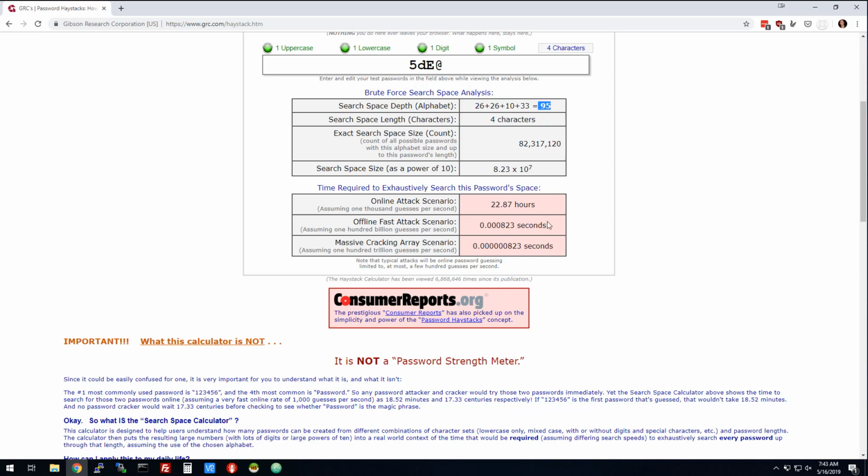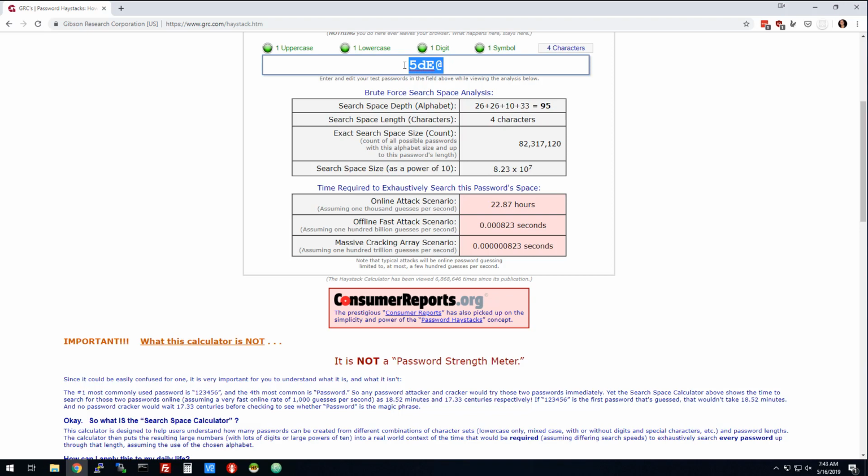Now again, if the U.S. government wanted to take an entire building full of GTX 1080 cards, they could still crack that in less than a second, and that's primarily due to the length of it.